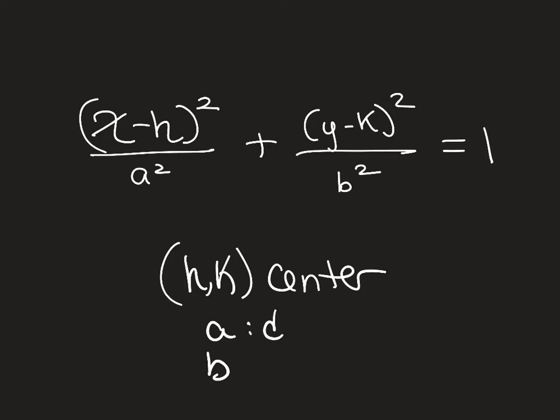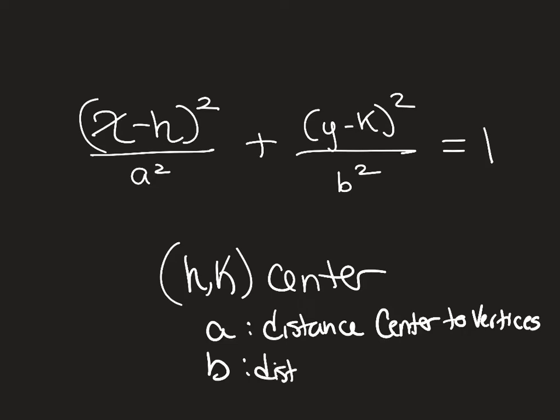A is the distance from the center to a vertice. And B is the distance from the center to a co-vertice.